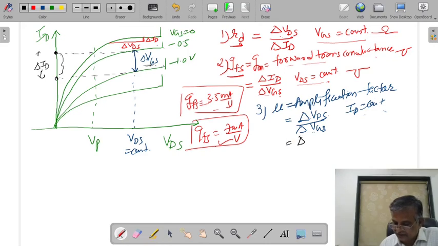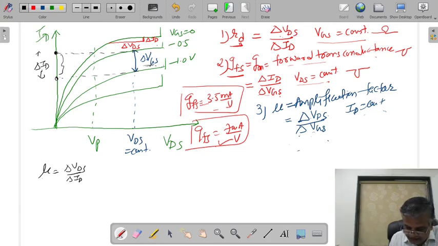I can write this equation in this way also: delta VDS upon delta ID into delta ID upon delta VGS. The two delta ID terms cancel, so you get the same thing.